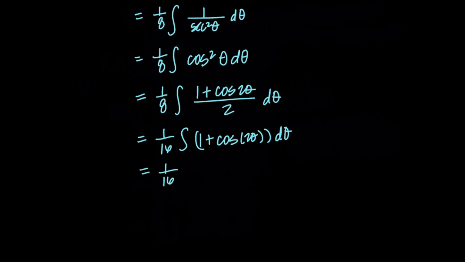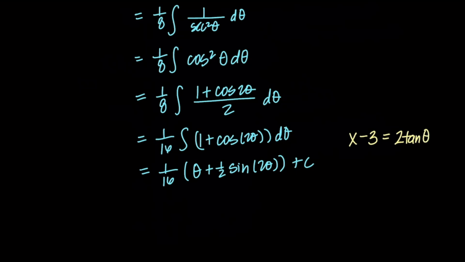All right, we're almost there. So we have the integral of 1 is theta. The integral of cosine 2 theta is 1/2 sine of 2 theta plus c. All right, so now where are we at? We had our substitution originally as x minus 3 is equal to 2 tangent theta.